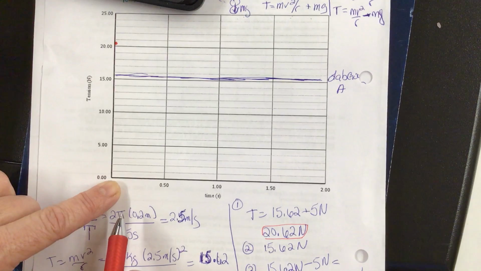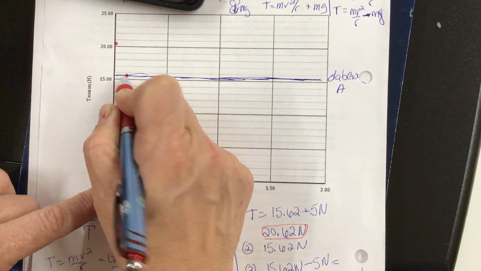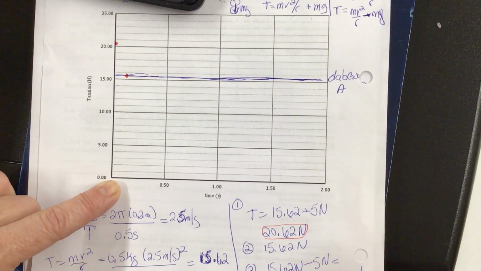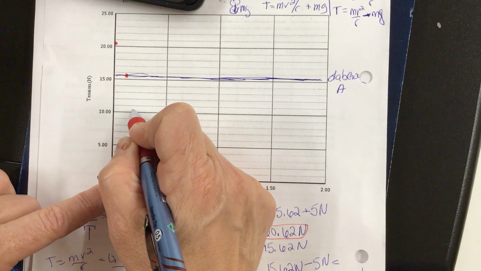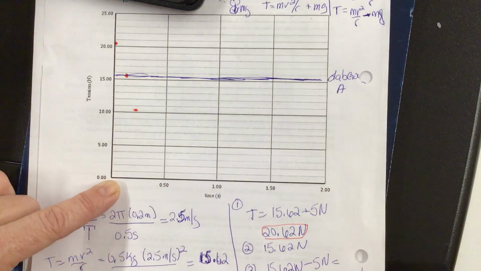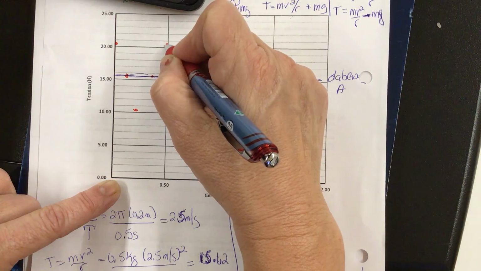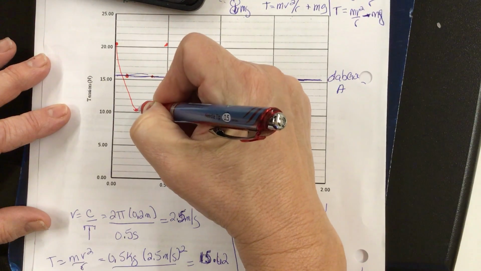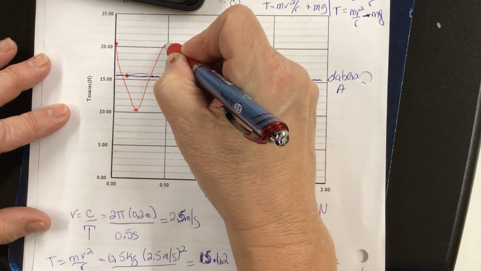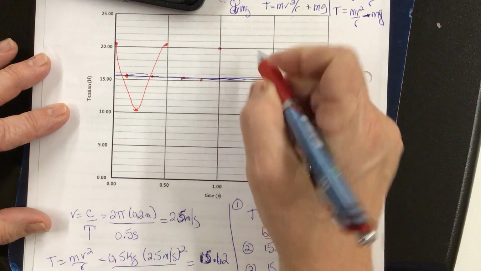So it's going to be approximate. So at 0.125 seconds, so about 1/4 of the space, we're here. It drops all the way down to 10.62. We're right about there. We come back up to 15.62 and all the way back up when we get to the end of the cycle. All right, that's going to look like this, and I'm going to repeat the pattern for every half a second.